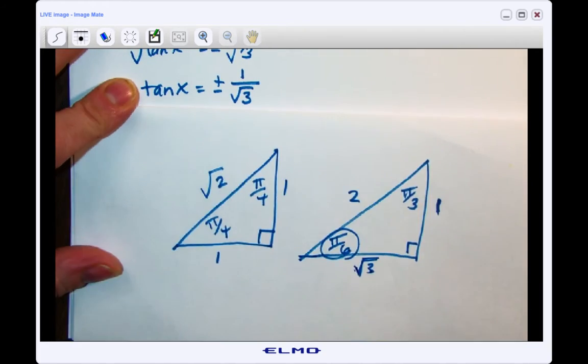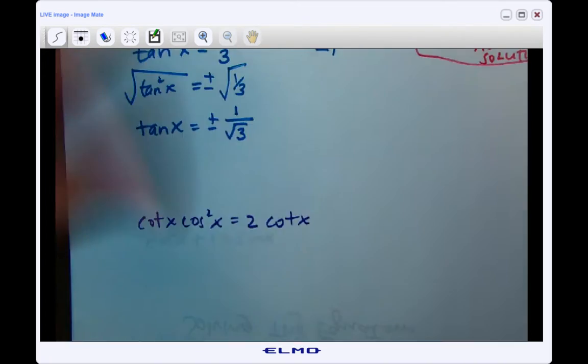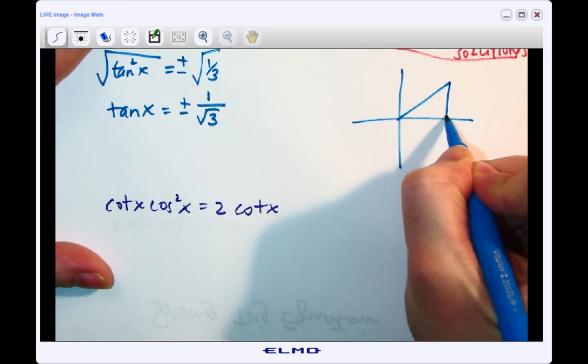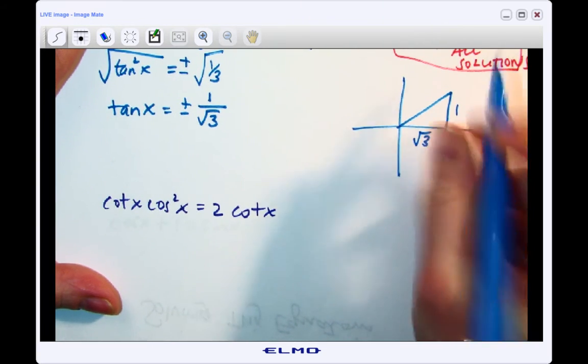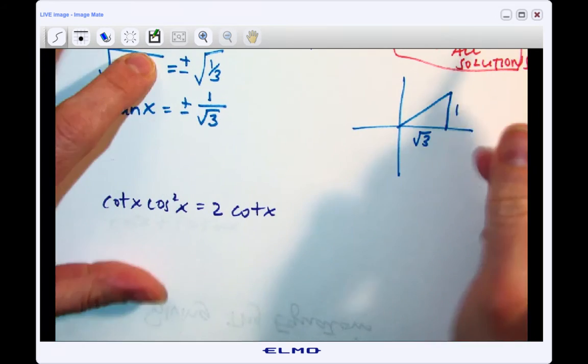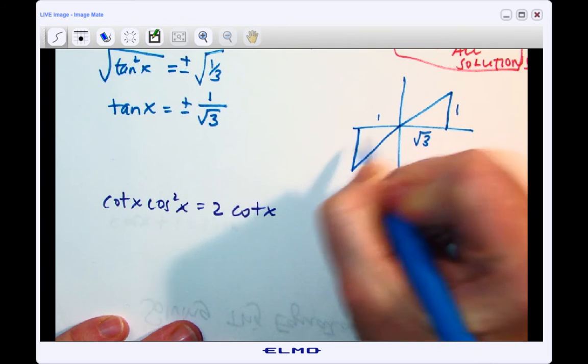So this one, in quadrant 1, is where I'll draw the first one, right? Because tangent is positive there. So I want this one, 1 root 3 in quadrant 1. But this says plus and minus. So I know that tangent is positive here and tangent is positive here.